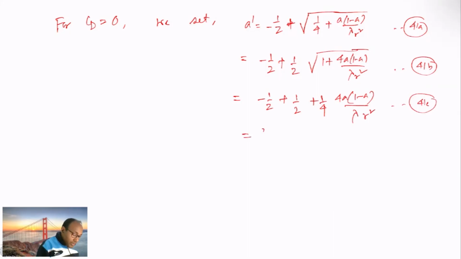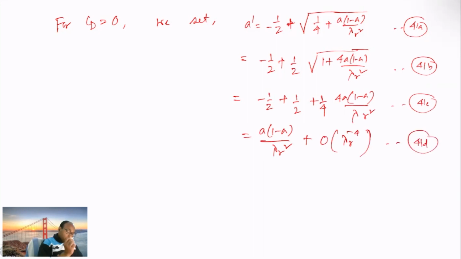So this we can write as A into (1 minus A) by lambda r square plus higher order terms, which is 41D.